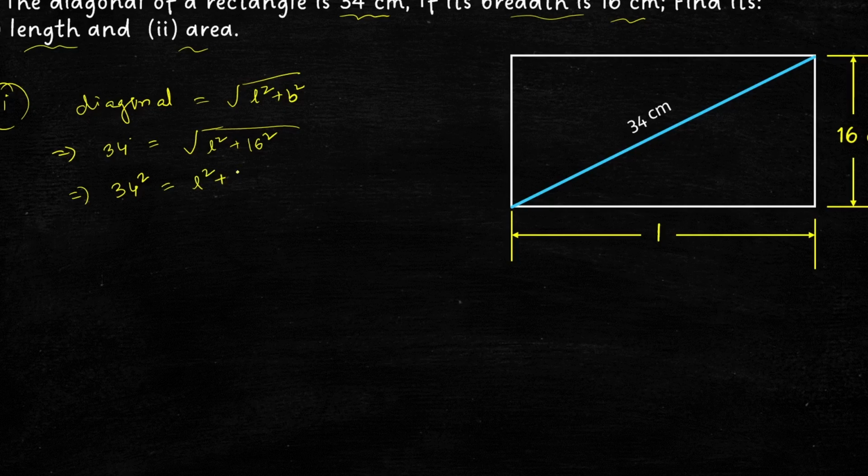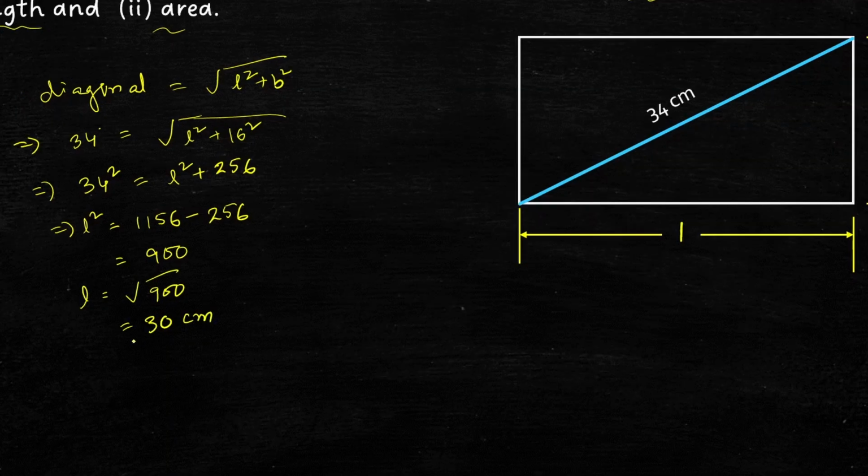So L square is equal to 34 square, 1156, minus 256, and that is equal to 900. So L is equal to root over 900, and this is equal to 30 centimeter. So length of the rectangle is 30 centimeter.